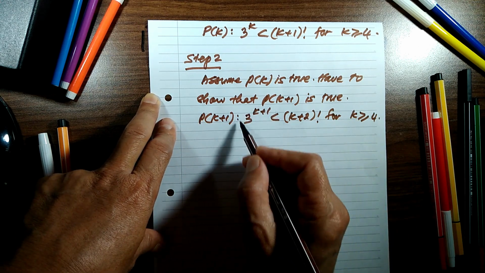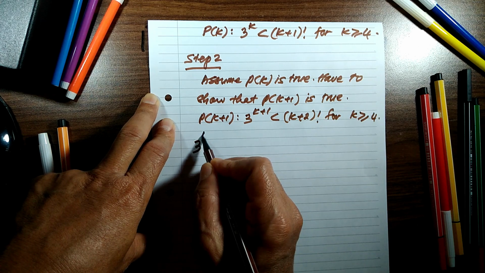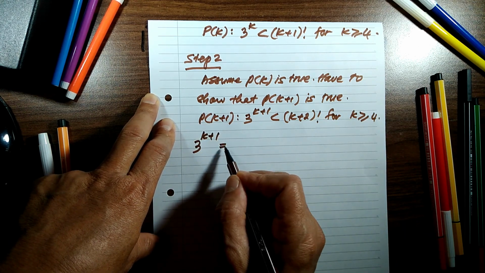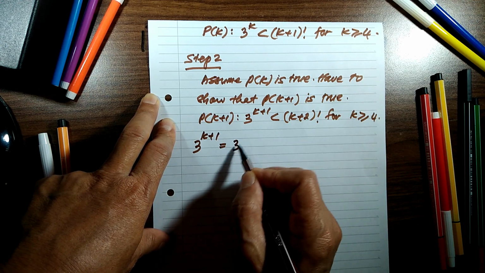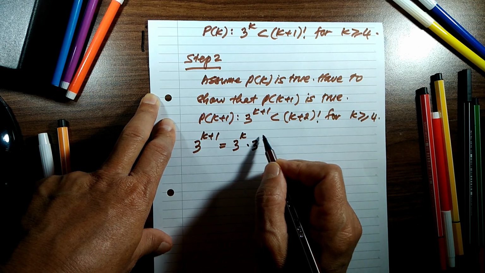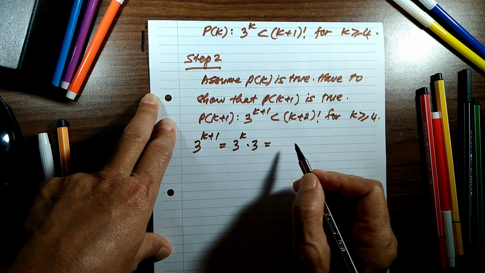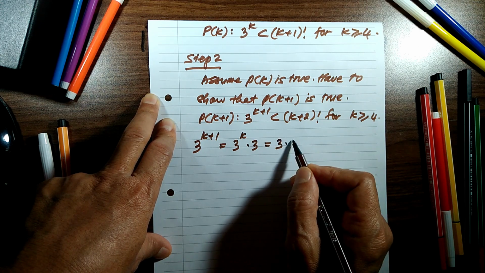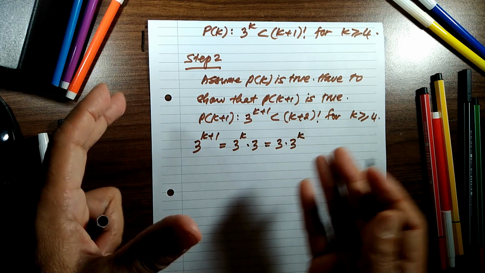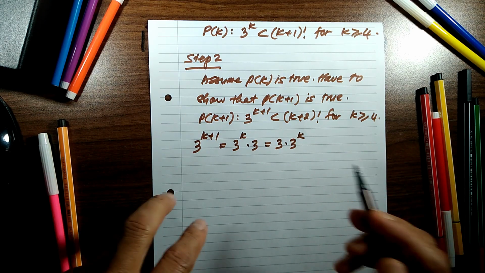So let's start with the left hand side, that is 3 to the power k plus 1. Now we can break this term down as 3 to the power k multiplied by 3 to the power 1, or equal to 3. This can also be written as 3 multiplied by 3 to the power k. We change the position of 3 and 3 to the power k.